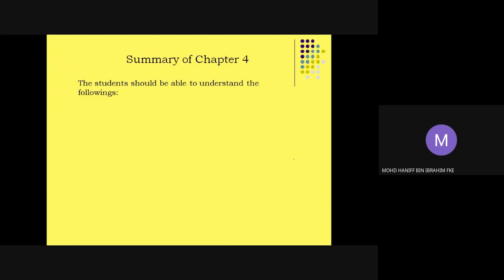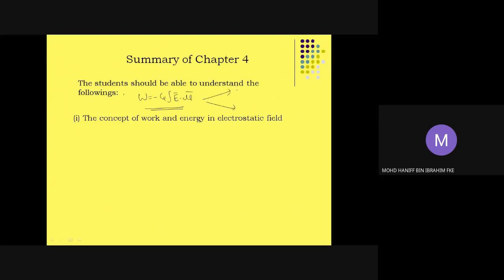Okay, so let us recap the things that we have learned previously in chapter 4. Number 1, we have learned about the concept of work and energy in electrostatic field, in which we have started with this equation here, W equals negative Q integration of E dot dl. From this concept, we have obtained 2 important hypotheses.